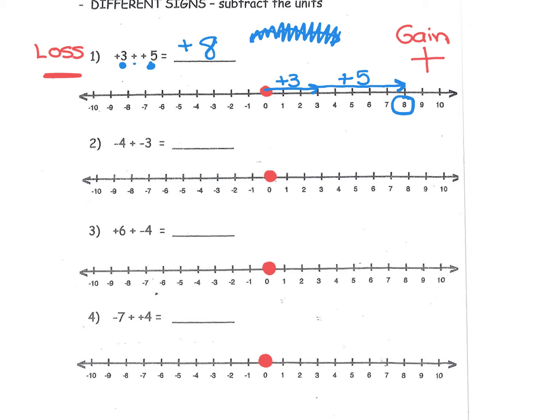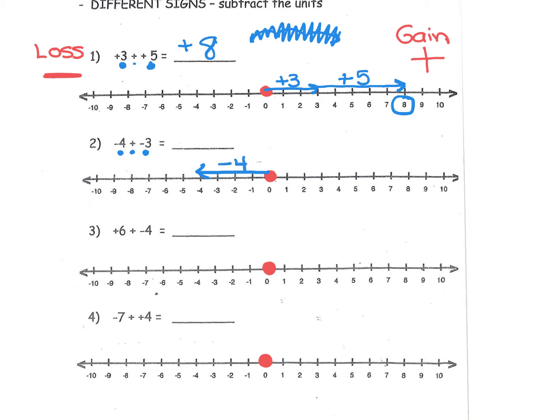Now let's take a look at problem number 2. We have a loss of 4 plus a loss of 3. Still starting at 0, we're going to represent that loss as a vector moving to the left 4 units.